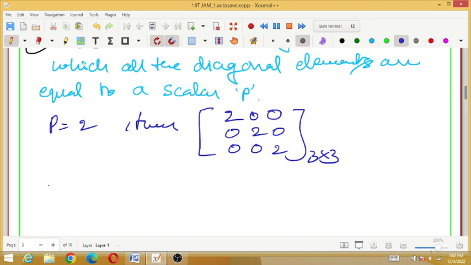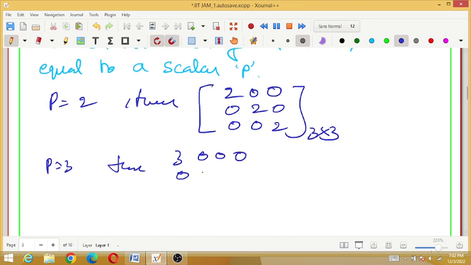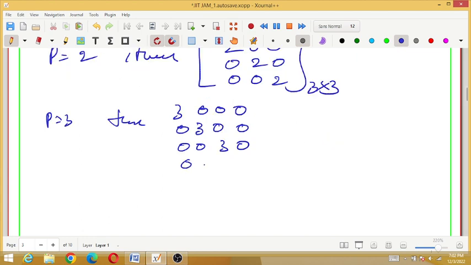Suppose P is equal to 3, then the diagonal elements are 3: 3, 0, 0, 0, 0, 3, 0, 0, 0, 0, 3, 0, 0, 0, 0, 3. These are the diagonal elements. This is a 4 by 4 matrix.